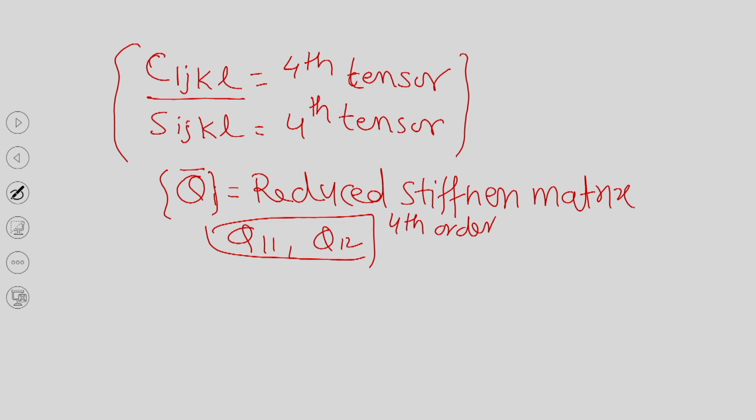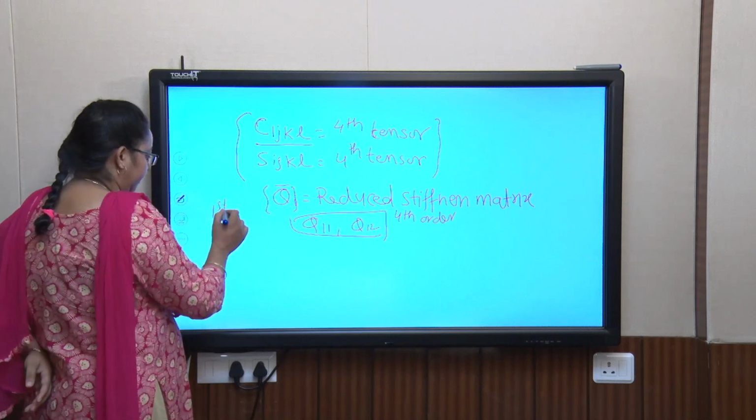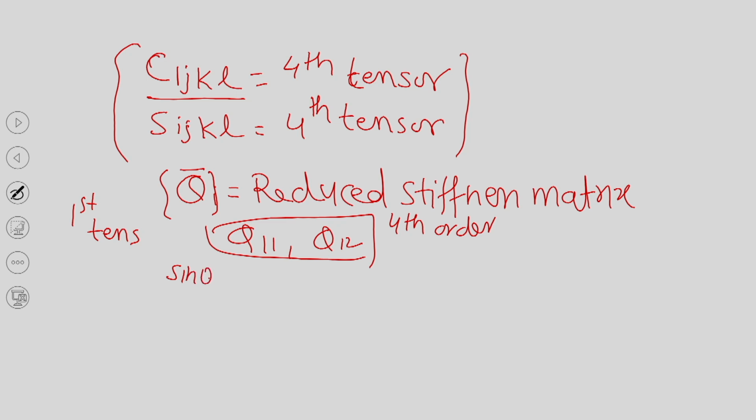Now you see that when you are talking about a first order tensor, a vector, you have either sin theta or cos theta. But when you have a second order tensor, you have sin square theta, cos square theta and combinations of these.